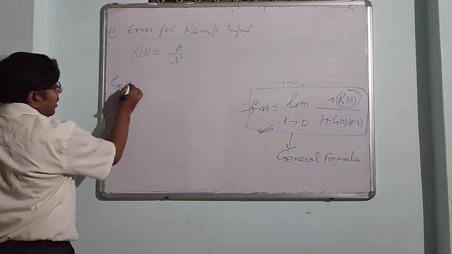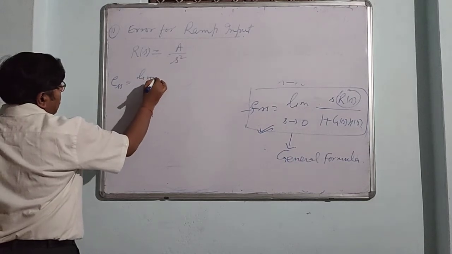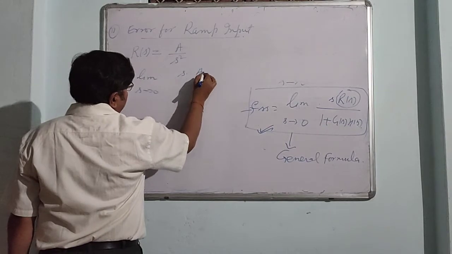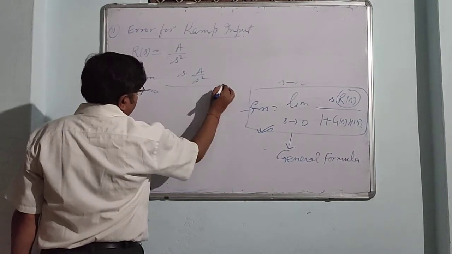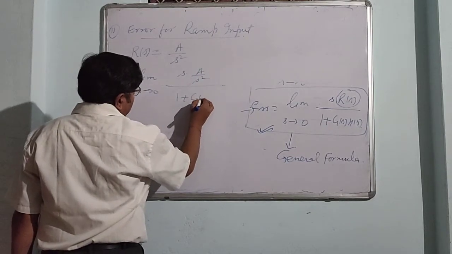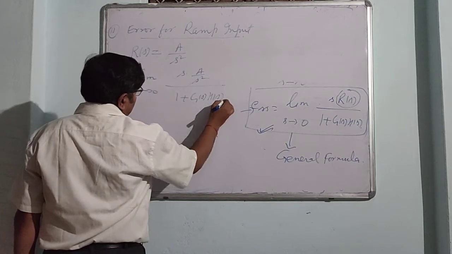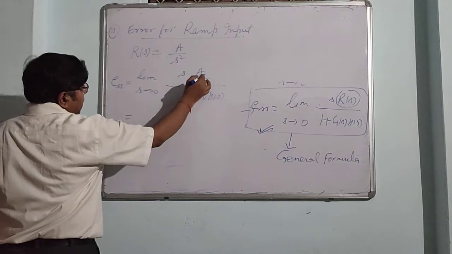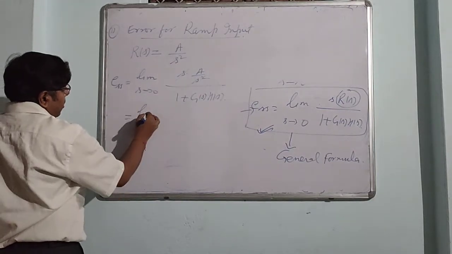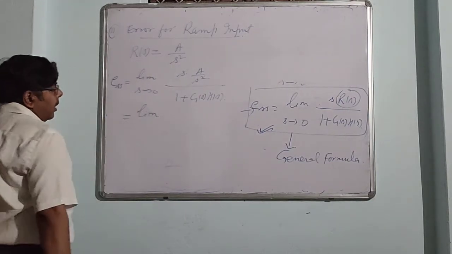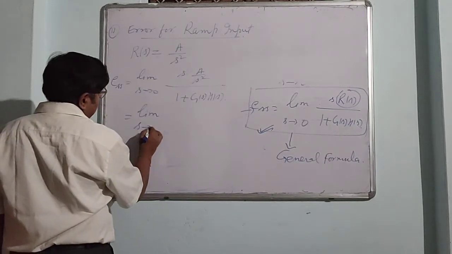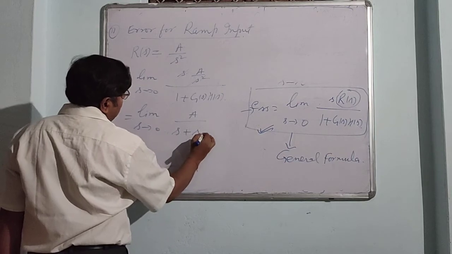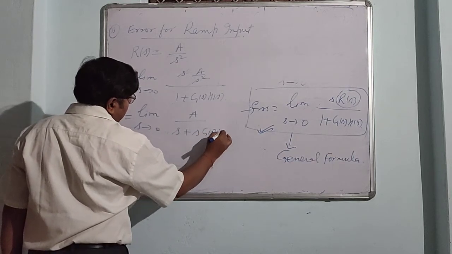Then the steady state error: one power of s is cancelled and you can write this as A upon s plus G(s)H(s).